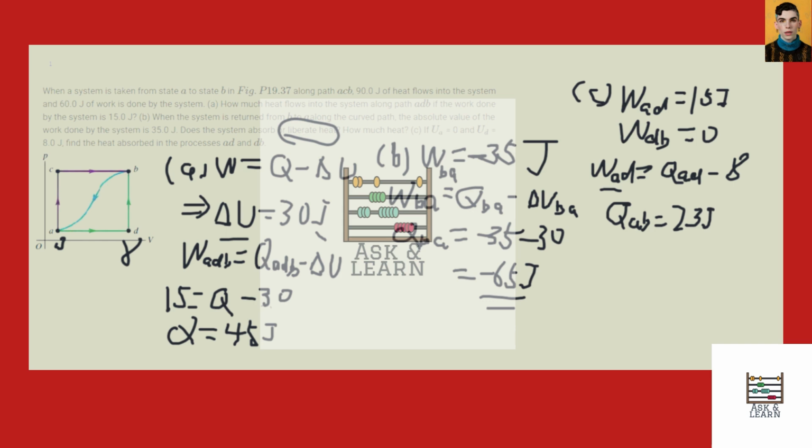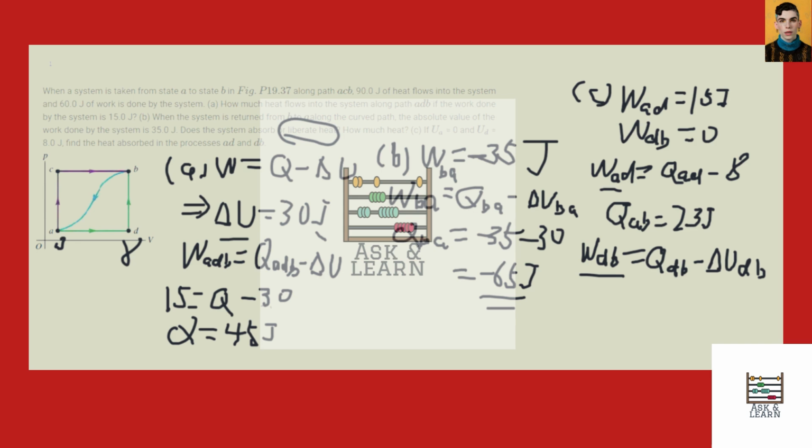For the heat in the process DB, we can use the first thermal law. W DB equal to Q DB minus delta U DB. The work is 0 according to this one, and Q DB is the one that we need to find out. So we also need to know this delta U DB.